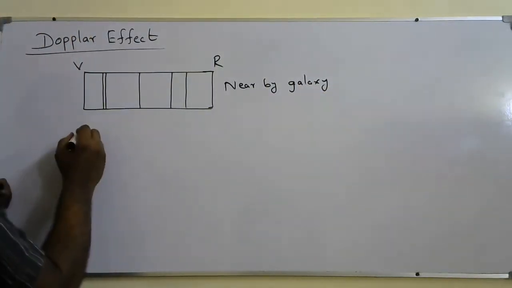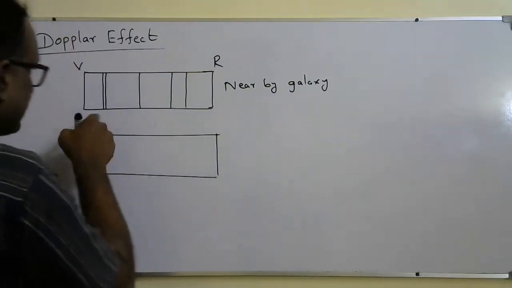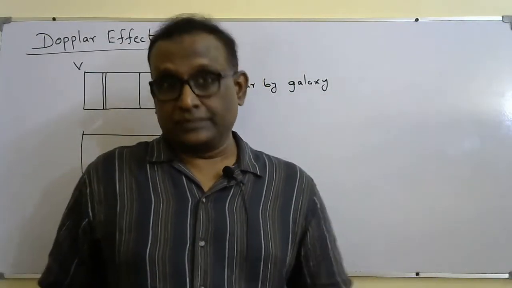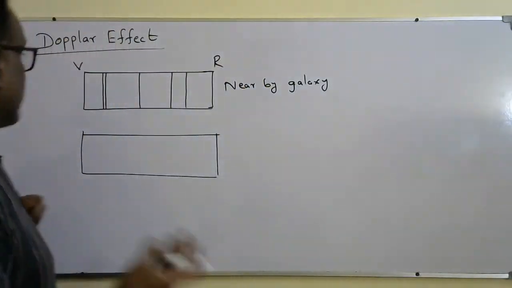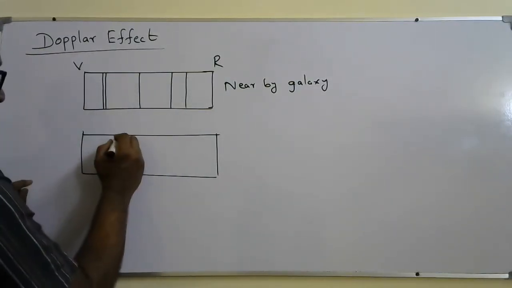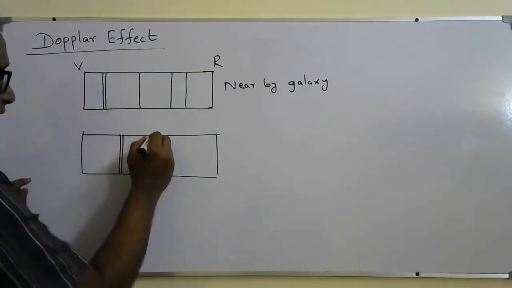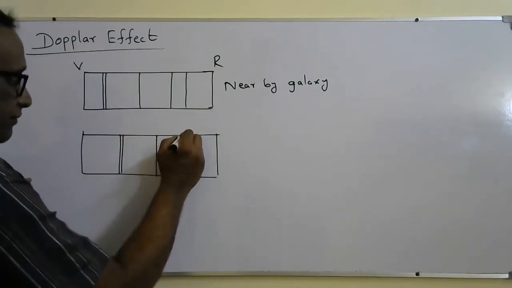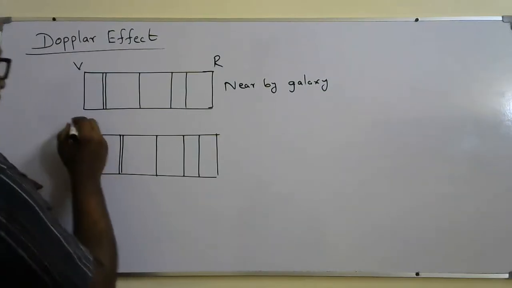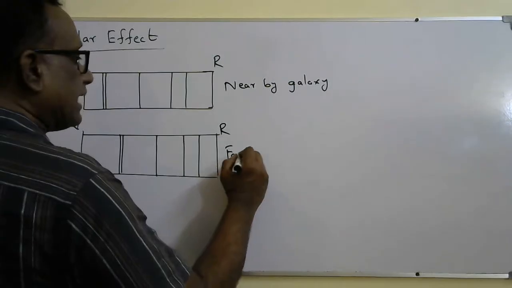If you see the absorption spectrum in a far distance galaxy, the absorption lines, what you learned in Unit 2 under spectrum, have a similar pattern. The double line will appear here, the single line here, this single line here. So the similar pattern, but the absorption lines will be shifted towards red color. This is a far distance galaxy.